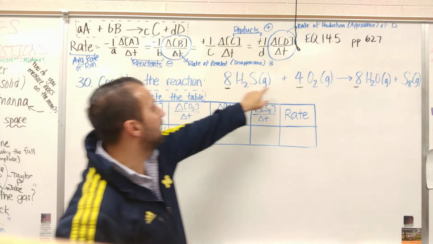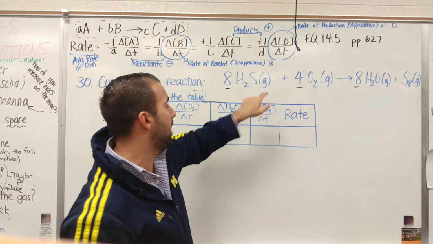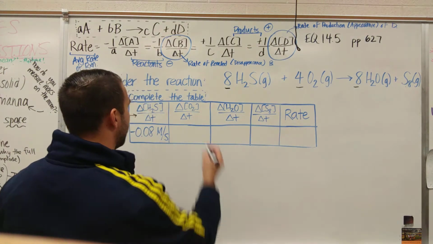If I want to write a generic rate equation from this balanced chemical equation, I would write it like this.